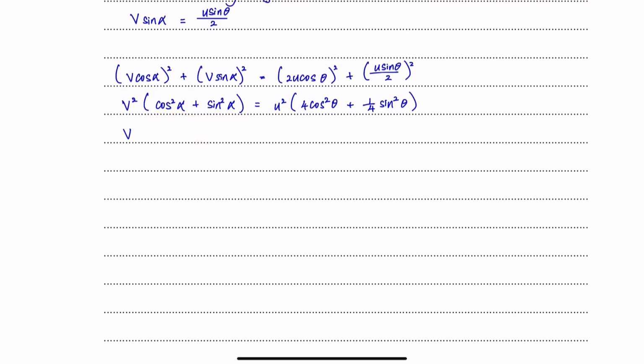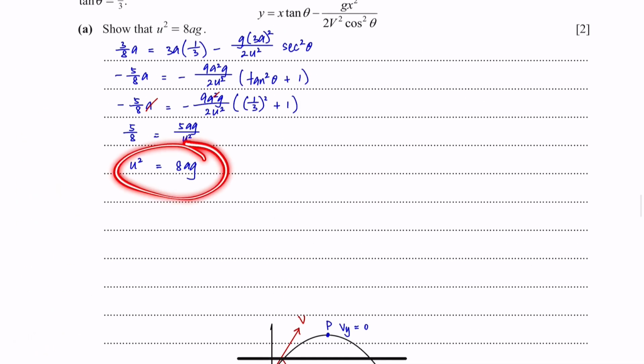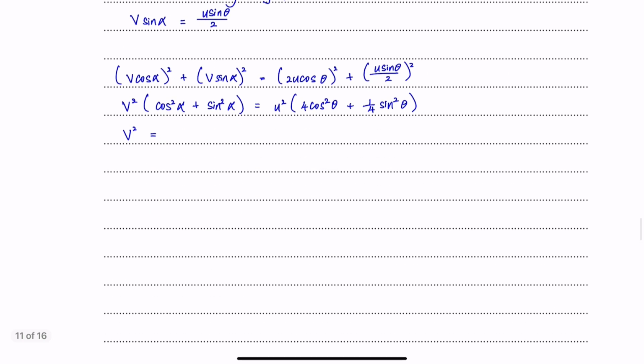So we are left with v squared on the left hand side, and u squared from what we found in part A is 8ag, so we can sub in this value.